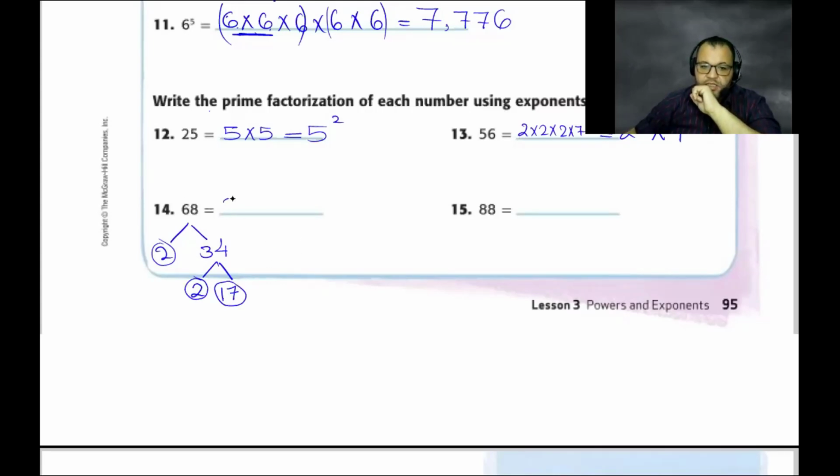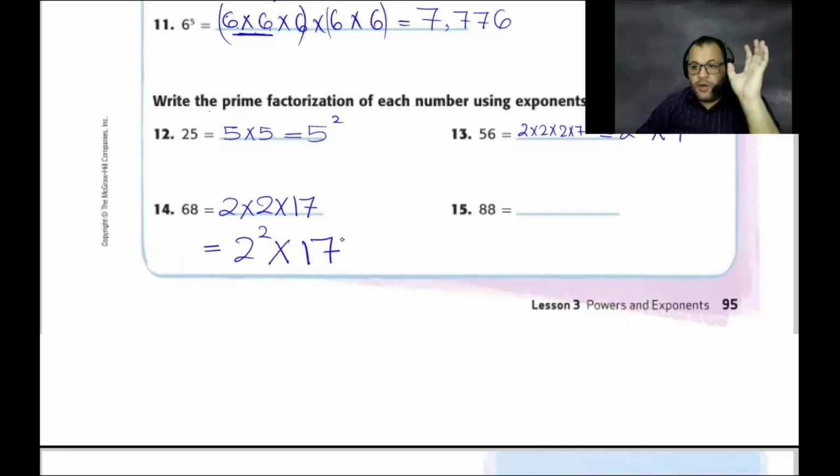So 68 equals 2 times 2 times 17. Can you write this one with the exponent? 2 to the power of 2, times 17. That's all. Any problem for this lesson?